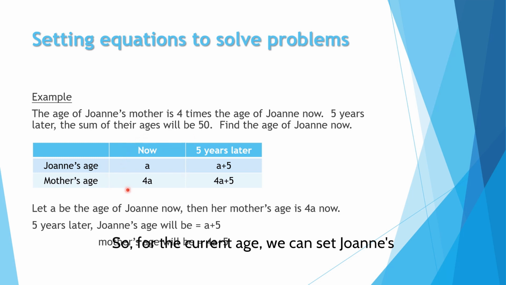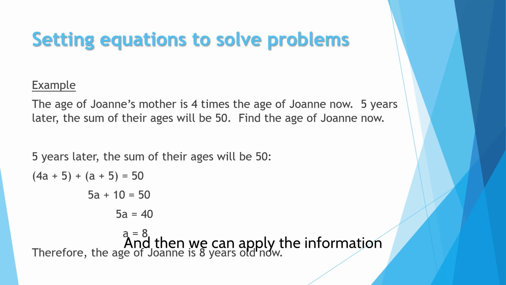So for the current age, we can set Joanne's age as A, or whatever variable you want. Her mother's age is 4 times, so it's 4A. And 5 years later, everybody is 5 years older. So it's A plus 5 and 4A plus 5. And then we can apply the information from the question, the sum is 50.